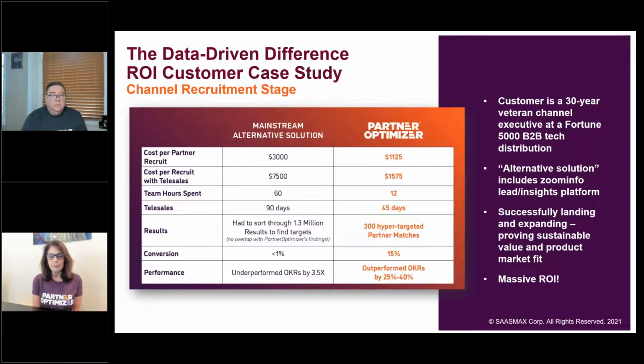One of our customers was able to do a direct comparison and found that using an ideal partner profile, in the way that we were able to provide it, allowed them to accelerate recruitment in half the time. They recruited basically 15% of the partners in 45 days, whereas with the old way, they recruited less than 1% of the partners in 90 days. So in terms of outperformance and acceleration, when you put it to the test, it truly does work.